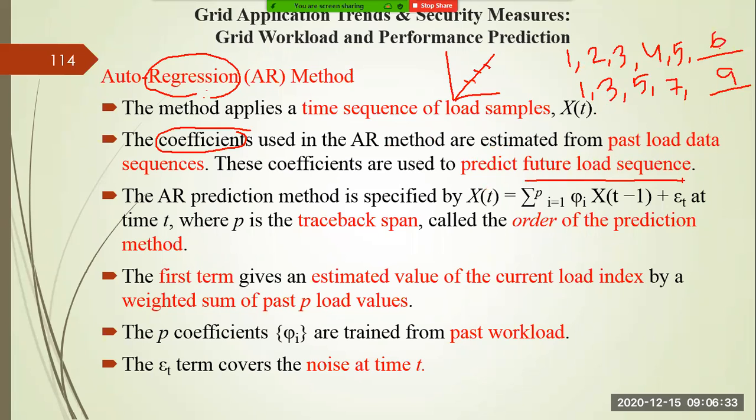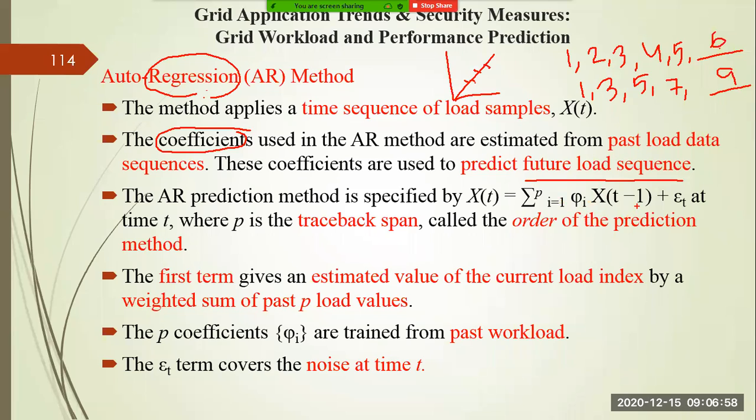This prediction method uses x_t equals the summation over i equals 1 to p, where p is your traceback span, that is, how much data is available. For example, you may have the last 5 years or last 10 years of data. Phi_i is a coefficient decided based upon the past workload.